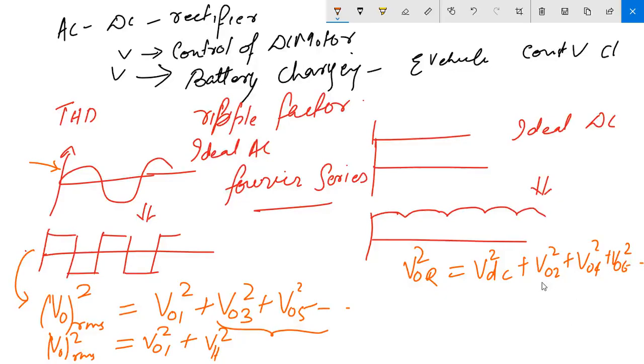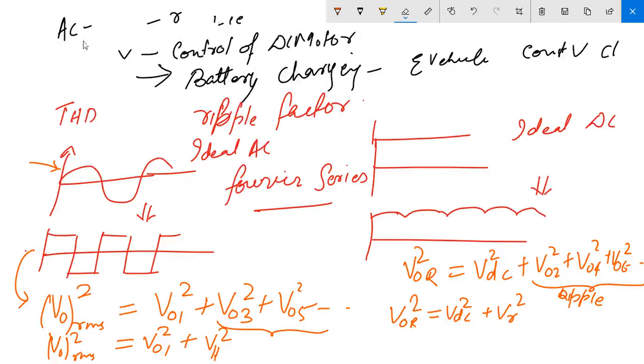We term it as a ripple. Here we term it as harmonics. So we can write VDC square plus VR square. This is happening because we are experimenting with the nature of the waveform.